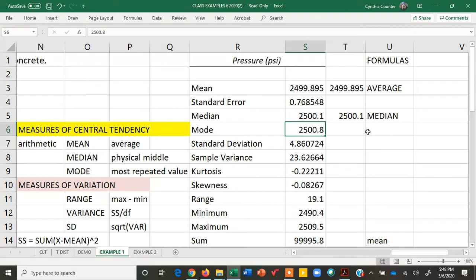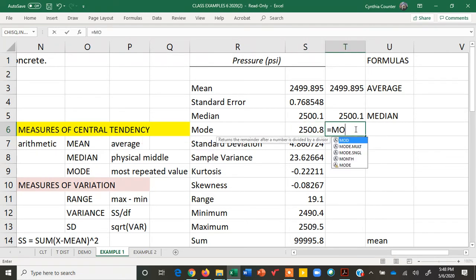All right, well, what formulas do we have here? Notice if you start typing mode, you actually have two different mode formulas. There's mode single, SNGL, which is going to find you only one mode, the smallest valued mode.